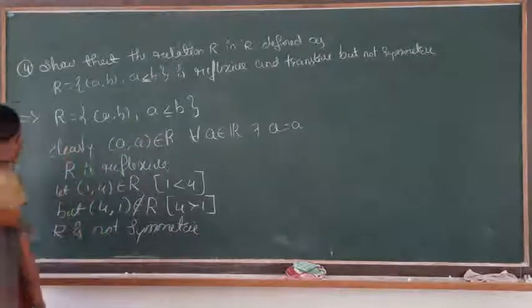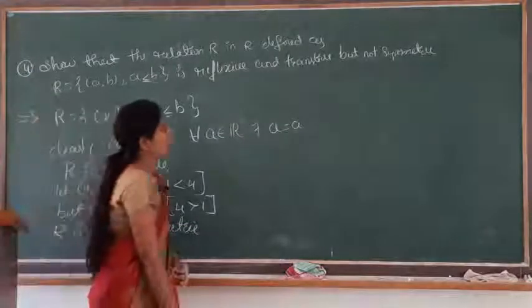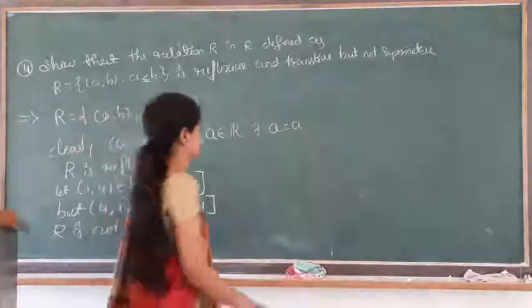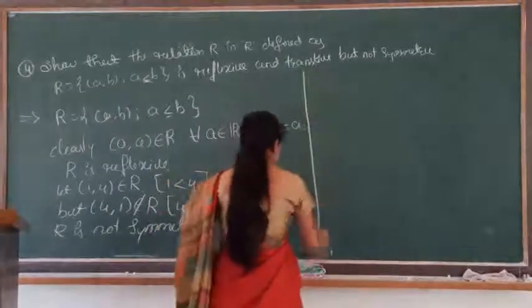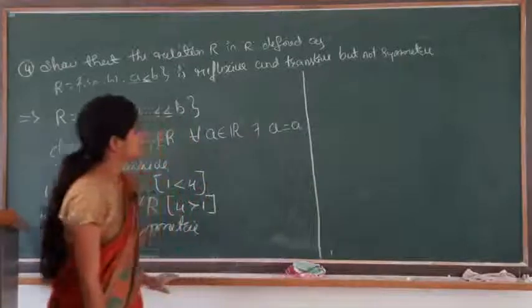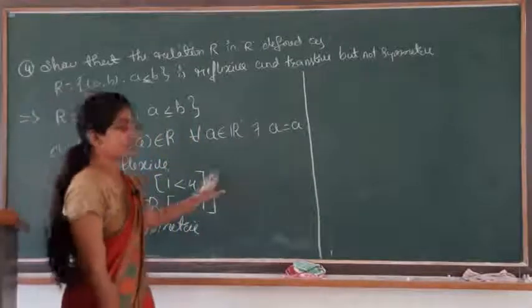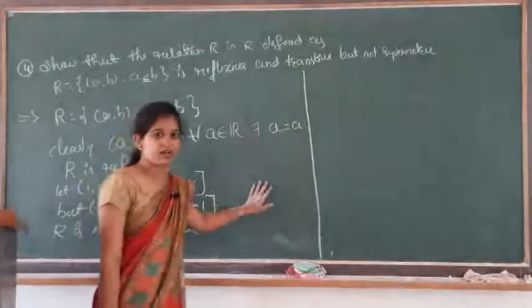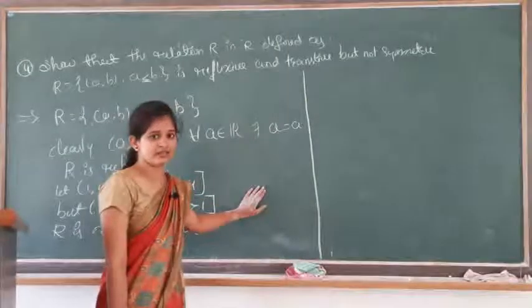Next we have to show that R is transitive. I already told you that if you need to show that R is reflexive, transitive or symmetric, we have to write it in the general form.